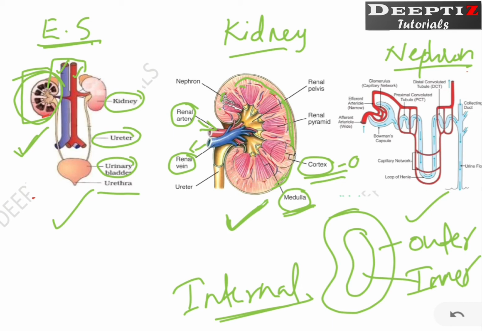So the kidney is divided into two parts, which are the cortex, which is the outer region, and the medulla, which is the inner region. Now what is this medulla made up of? Medulla has two parts, which are the renal pelvis and renal pyramid.